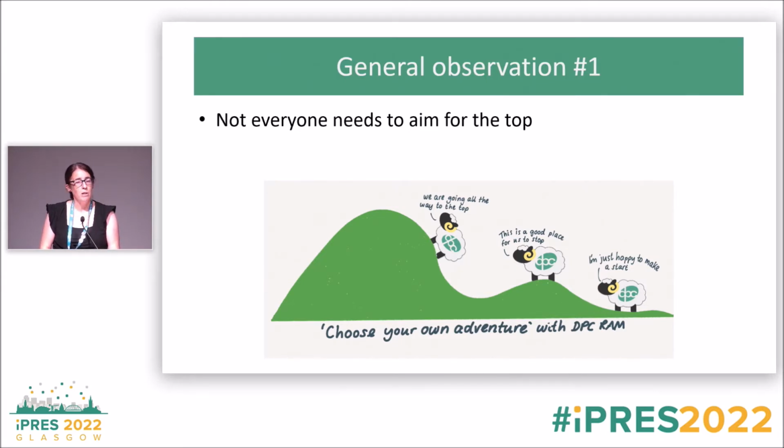You choose where you want to go. You choose your own adventure, really, with RAM. You decide where you're heading. We don't tell you where you're heading. So you can aim as high as you like, but obviously try and aim where it might be appropriate for your organisation. It was really nice to see the folks in yesterday's workshop really embracing that, and you're not necessarily aiming for the top, but aiming across the board at different levels.